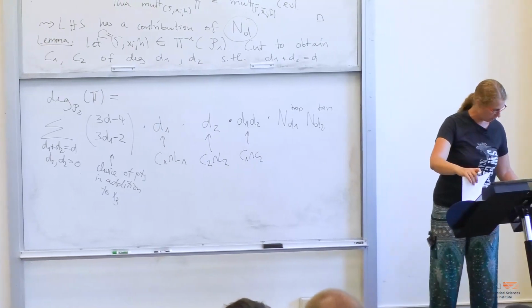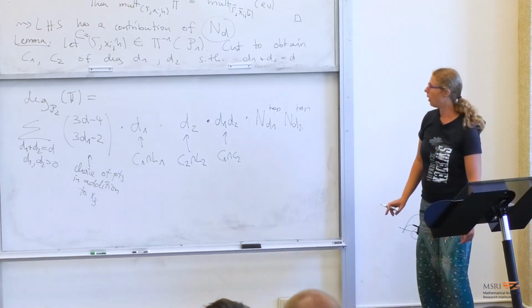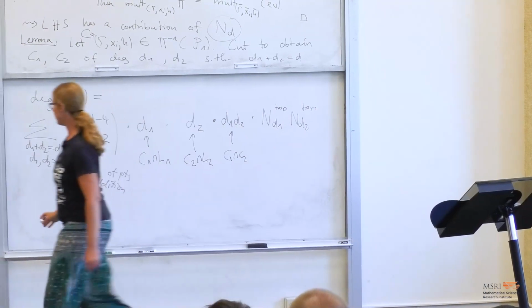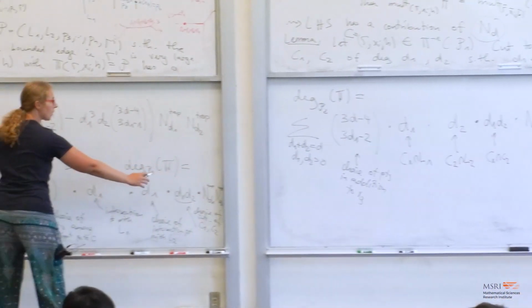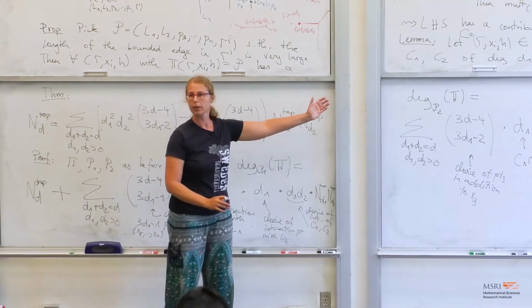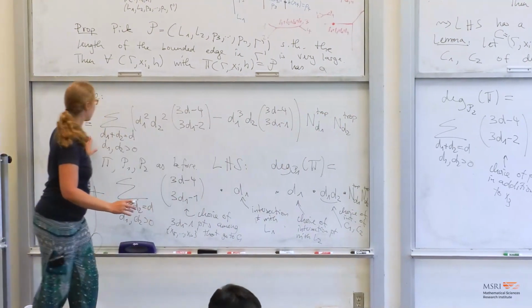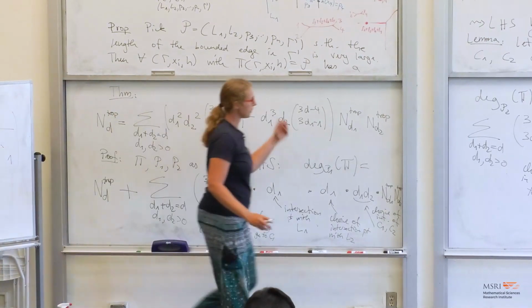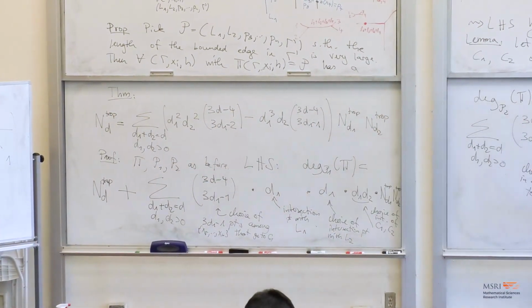Yeah, and now we look at this. We take all this, put it to the other side of the equation, and that's our recursion, right? So that's it. That's the proof.